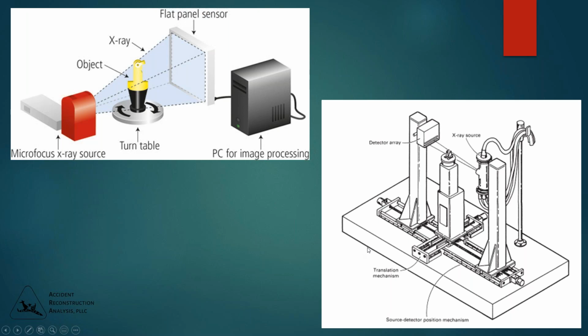Then in the bottom right, you can actually see a schematic of basically what one of these systems looks like. So you have motorized controls to move the specimen left, right, front, back, up and down, and then rotate it, and similar controls for the detector array, which is at the left, and also for the X-ray source.